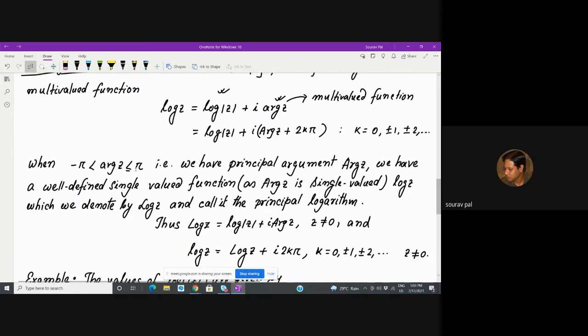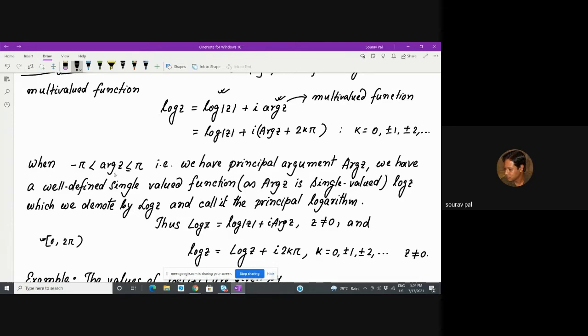Nevertheless, if you choose some other interval, once again I repeat, say 0 to pi, one side has to be closed and the other side has to be open. It does not matter. This side can be open and this side can be closed, as I said always. If we choose this and you want your argument to belong in this interval, then you have another single valued function argument.